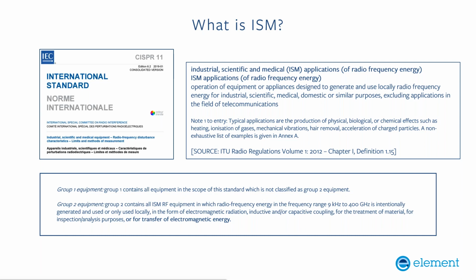When we get inside the standard itself, it defines the types of products into two groups. Group 1 is everything that isn't a group 2. So what's in group 2? Group 2 contains all ISM RF equipment in which radio frequency energy in the frequency range 9 kHz to 400 GHz is intentionally generated and used or only used locally in the form of electromagnetic radiation, inductive and/or capacitive coupling for the treatment of material, for inspection and analysis purposes, or for the transfer of electromagnetic energy.